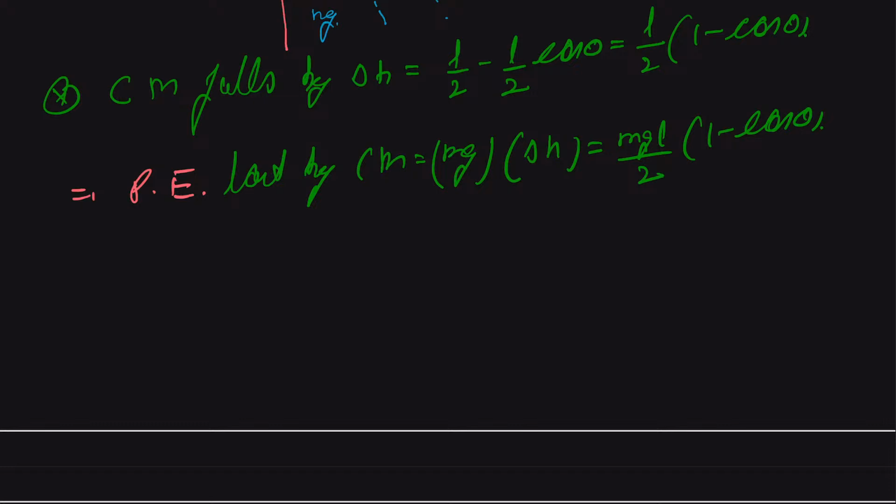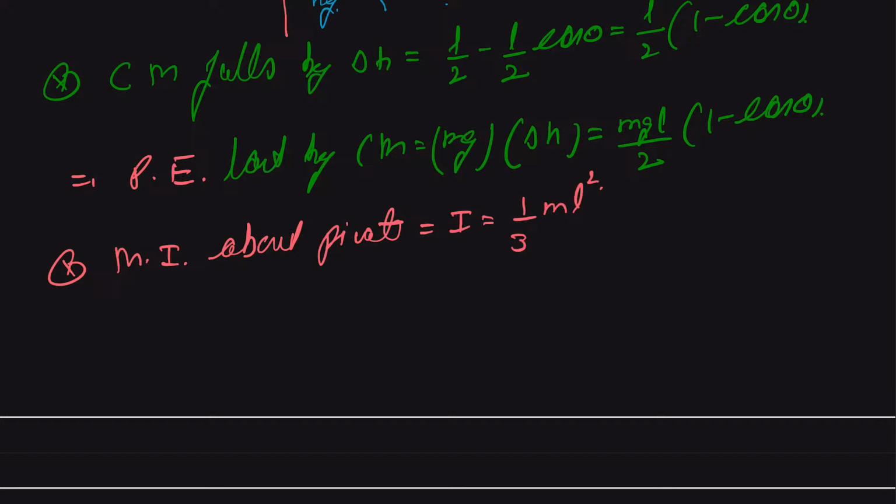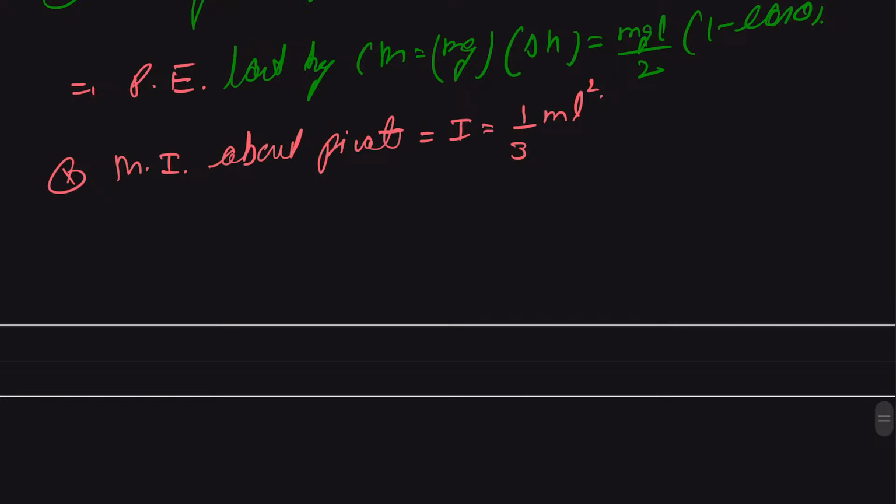So we know our moment of inertia about the pivot point, which is B. Since the pivot is at the end of the rod, I is equal to 1 by 3 mL square.